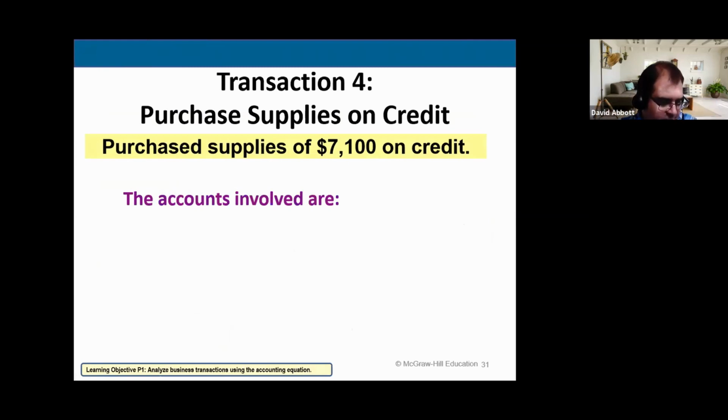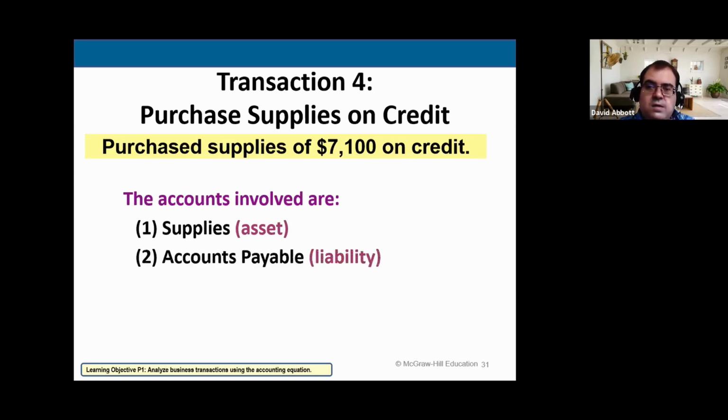All right, so now we see this one. So purchase supplies of $7,100 on credit. So maybe it's a credit card, or maybe it's like a Staples charge account that we have with Staples. So we have assets and we have accounts payable.